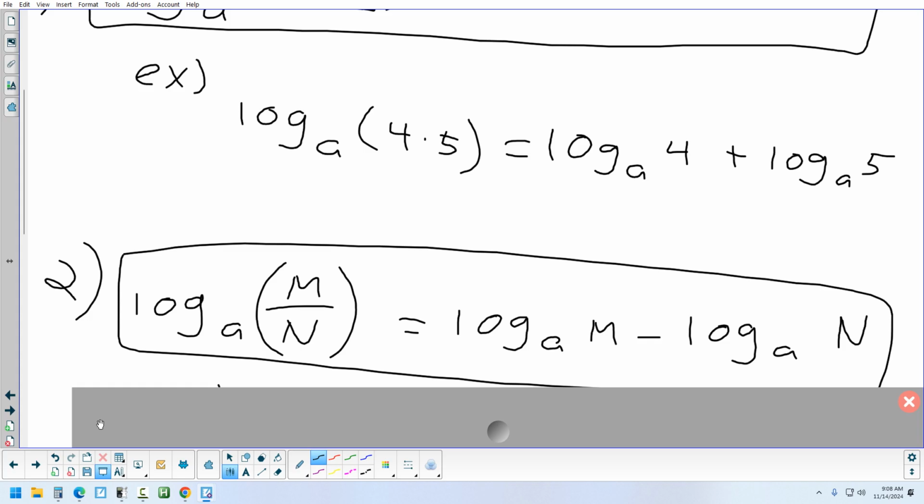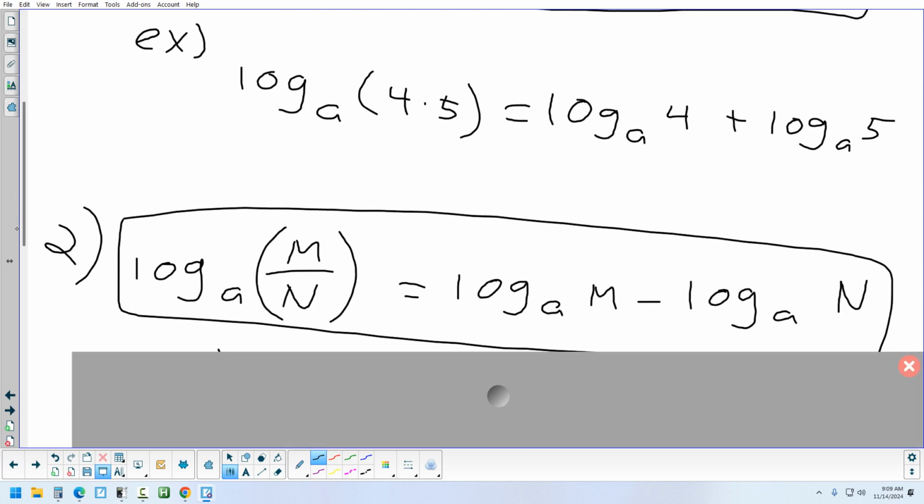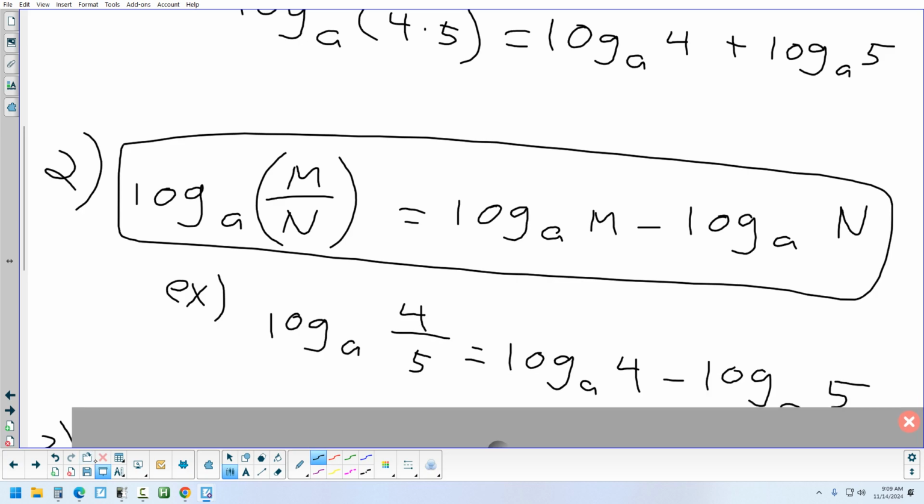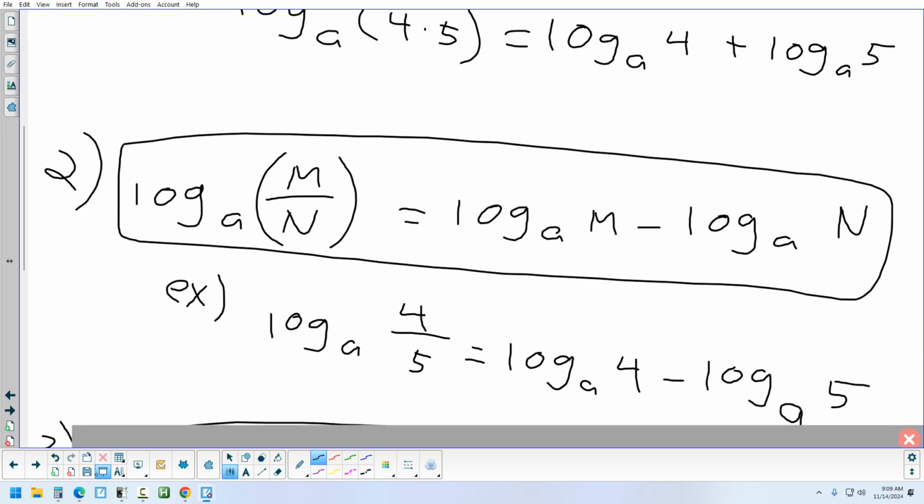So it's always the log of the numerator minus the log of the denominator. With the addition, it doesn't matter as much because addition is commutative, but subtraction is not. So log of 4/5 would be log 4 minus log 5.